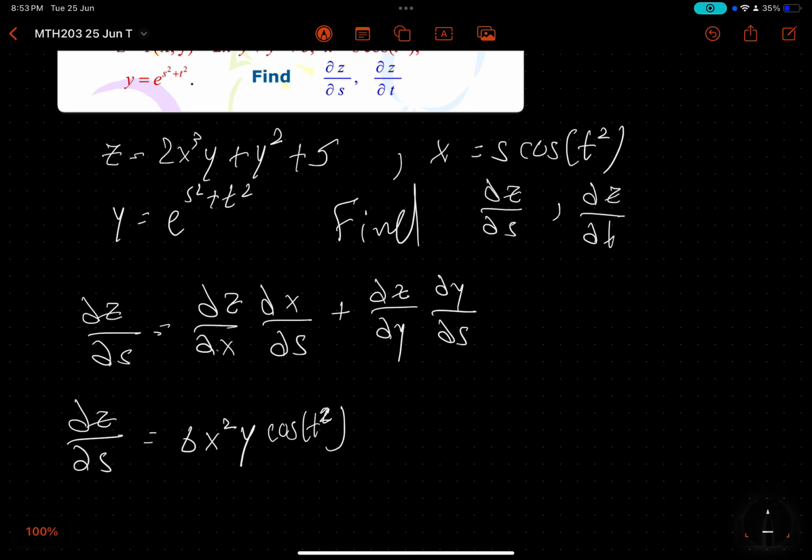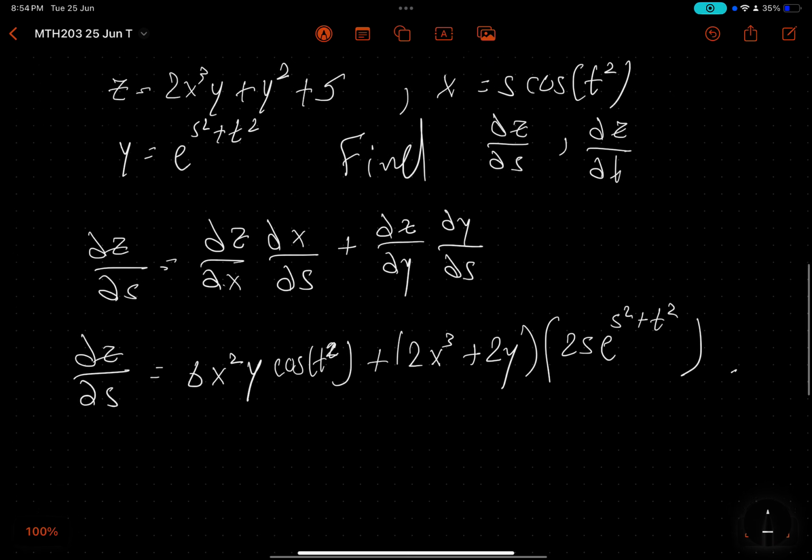Plus the partial derivative of z with respect to y, 2x to the 3 plus 2y, multiplied by dy with respect to s, which is 2s e to the s squared plus t squared, and that's very easy.